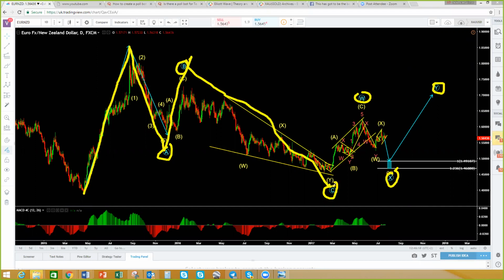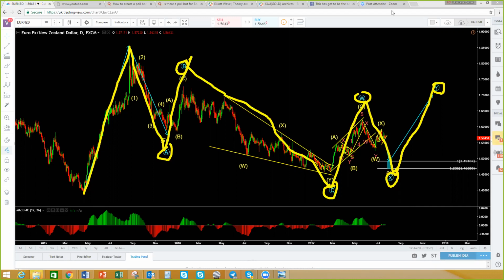And then the new swing that's starting in a WXY fashion. So as I said previously, this is the highest degree that I'm looking at on this trade. The blue degree A, B, C, WXY, that is starting there.